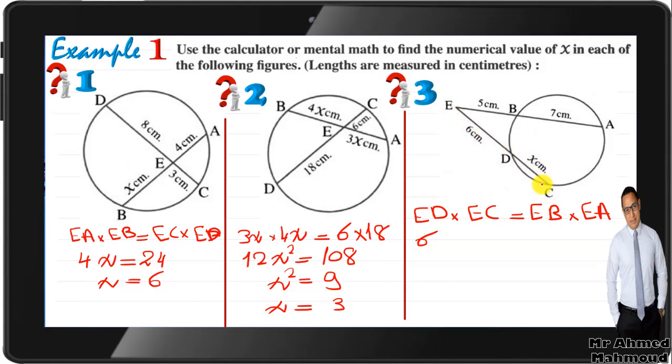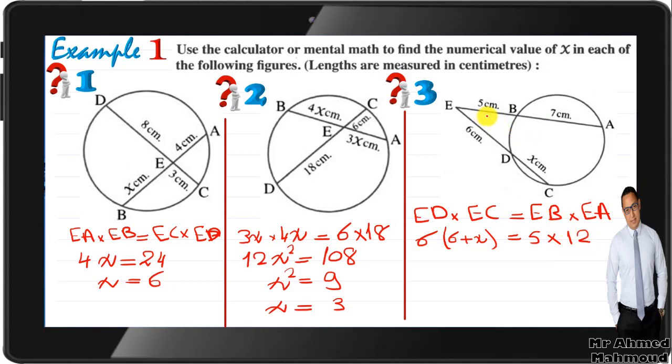Again, EC equals 6 plus x. So I'm going to write this one inside brackets, 6 plus x, like this, and EB equals 5, EA equals 5 plus 7, equals 12.